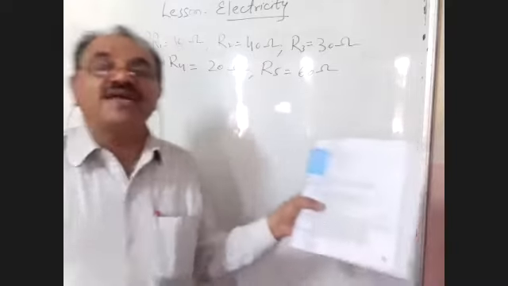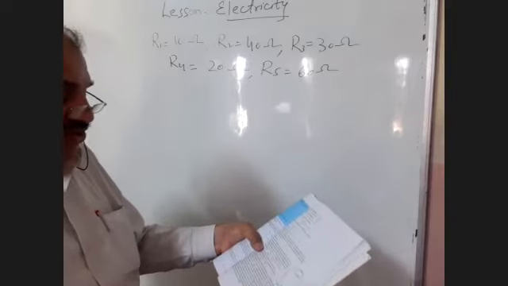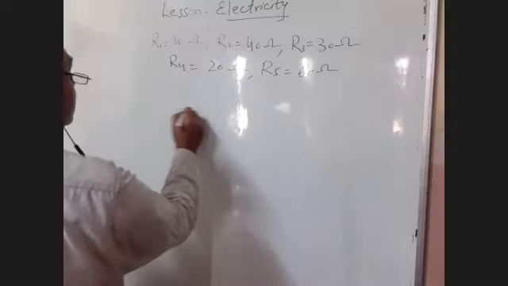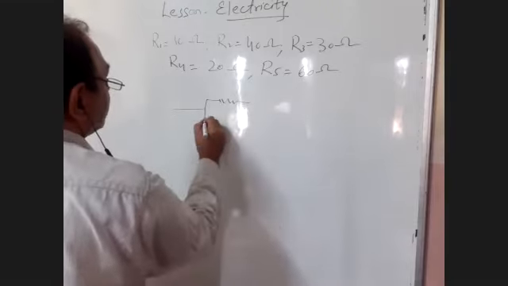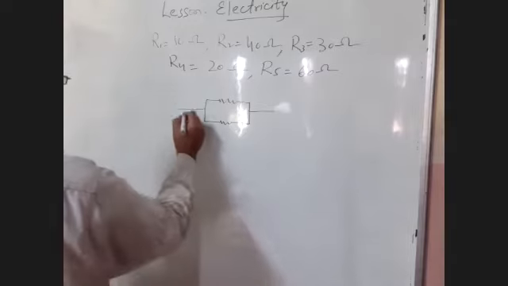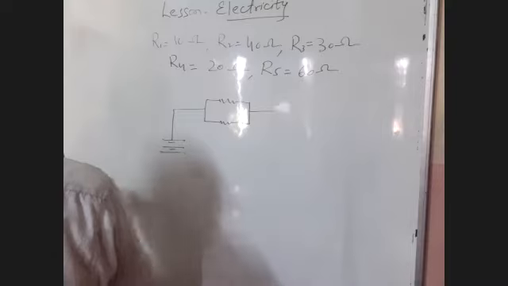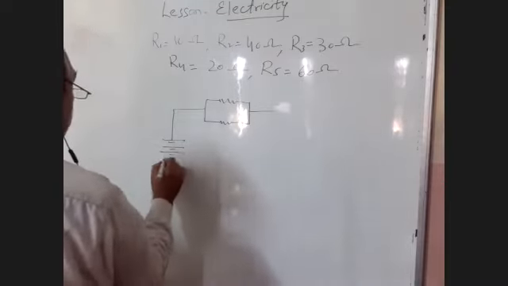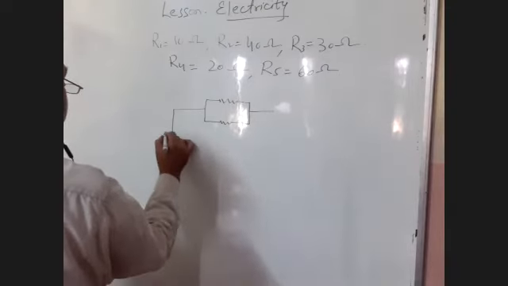Now, students, according to this circuit diagram, R1, R2, R3. First I'll draw the diagram, so please watch carefully. They have connected these two resistors in parallel. Here is the battery, with a positive terminal and a negative terminal, and they have shown the key again.